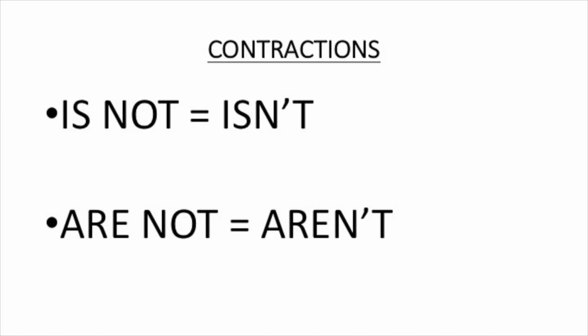So for the verb to be, is not, isn't, are not, aren't. But if we have to say am not, we can't make am not shorter. Am not stays am not. Like I am not. We can't say amt. We always have to keep am not.